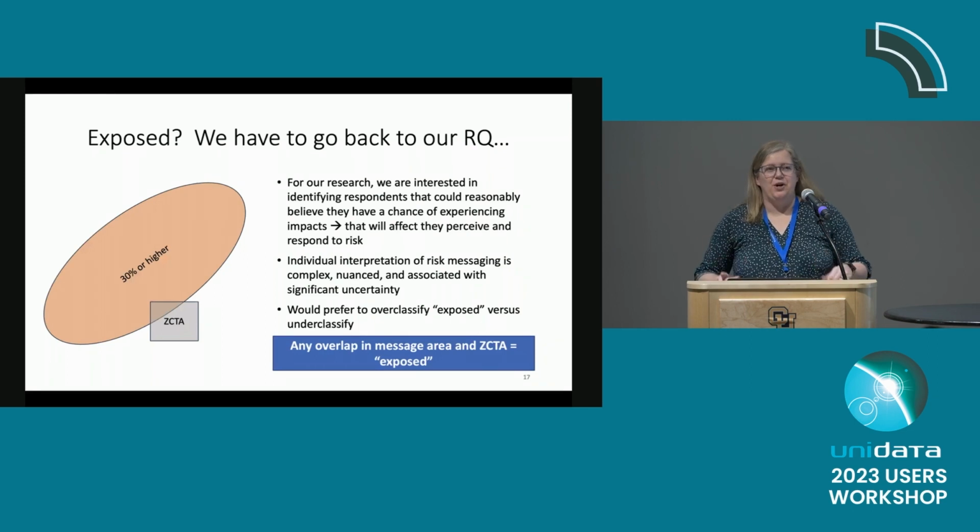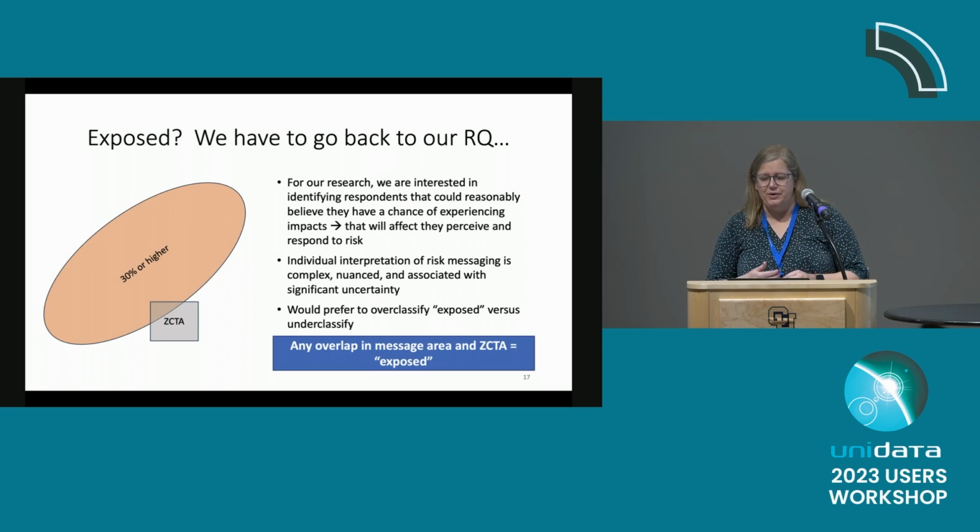So this is where we needed to go back to our story. So what are we looking at? Why are we looking at this intersection? What does it mean? For our research, we're interested in identifying respondents that could reasonably believe that they had a chance of experiencing impacts, because that would potentially affect how they perceive and respond to risk.